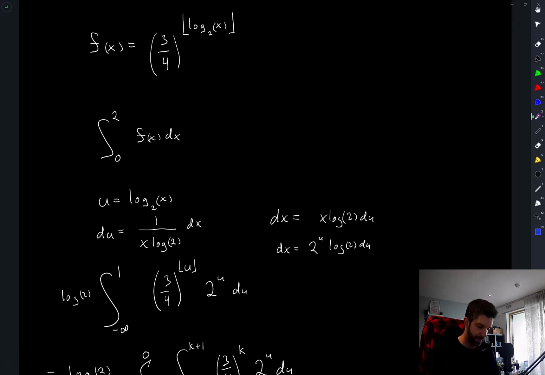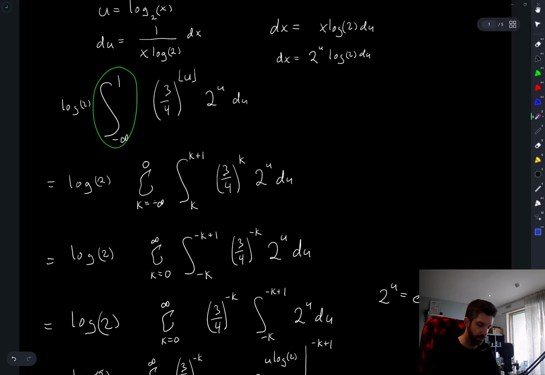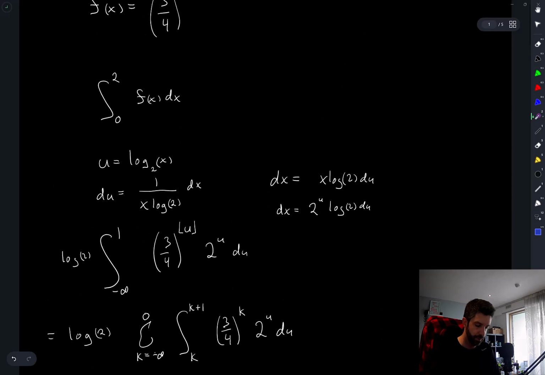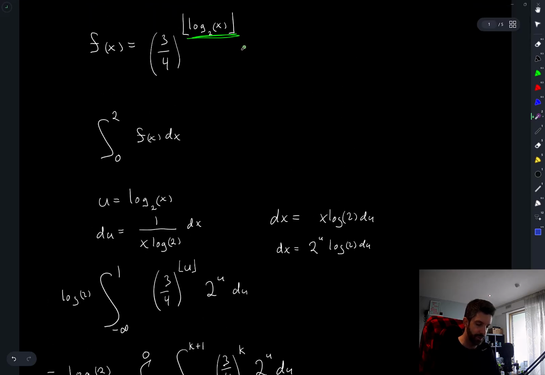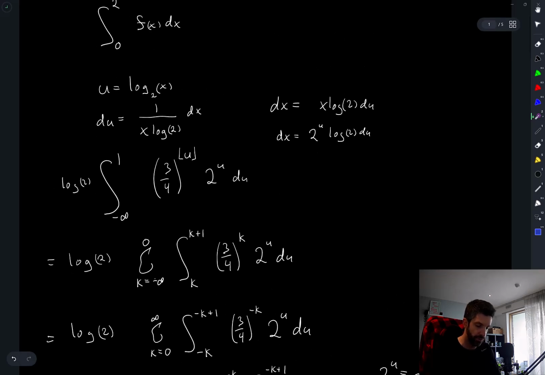If you work directly in the x variable, you have to figure out not when does x cross over an integer and the floor value changes, but when does log of x cross over an integer and change the floor value. So it's a little bit easier to work with this variable, since it divides the integral into equally sized subintervals.